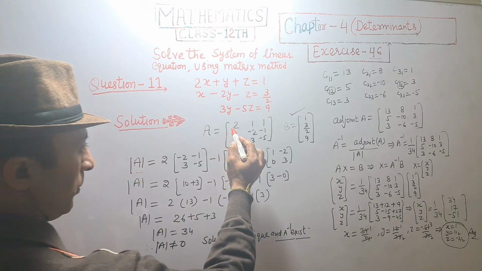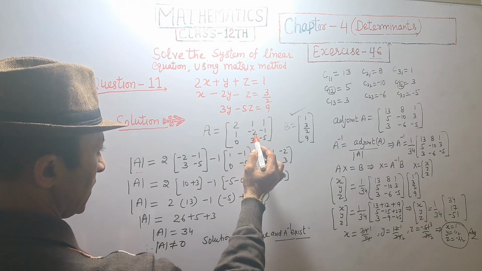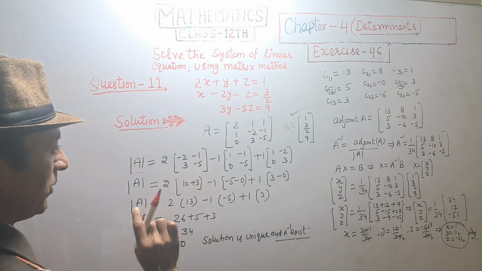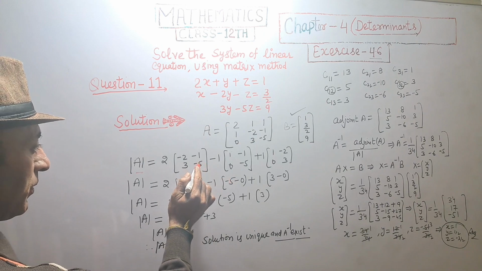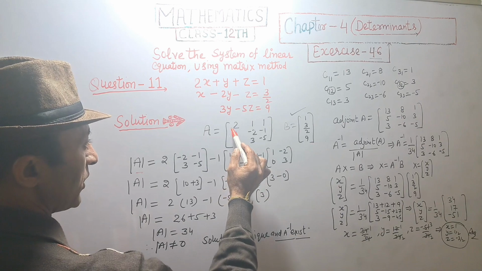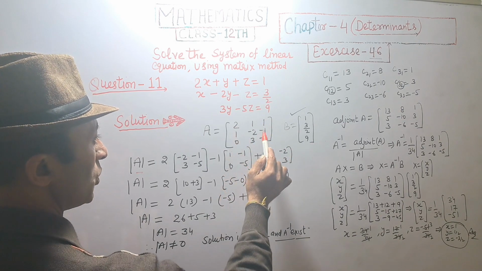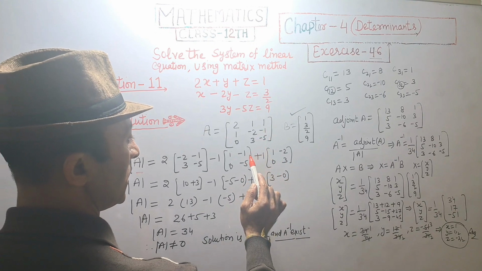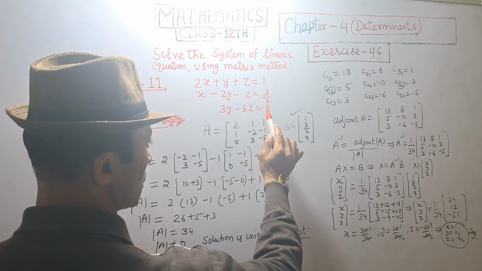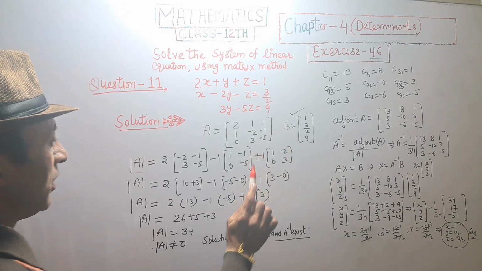Determinant of A: taking the first element, neglect the first row and first column, minus 2, minus 1, 3, minus 5 in brackets, and second element 1 with a negative sign, neglect the first row and second column, 1, 0, minus 1, minus 5 in brackets, plus 1, neglect the first row and third column, 1, 0, minus 2 and 3 in brackets.